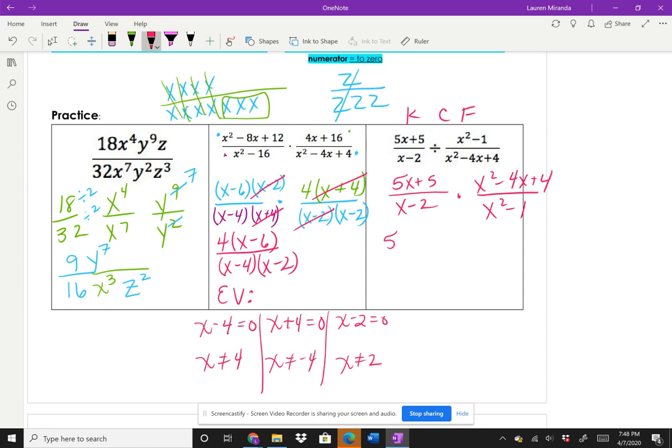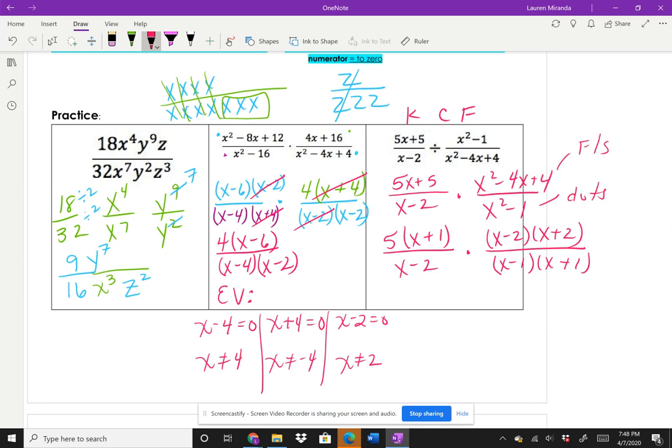So this is going to be 5 times x plus 1 over x minus 2 times x minus 2 times x minus 2 over x minus 1, x plus 1. So here I use dots. This was factor sum, and this was just GCF.